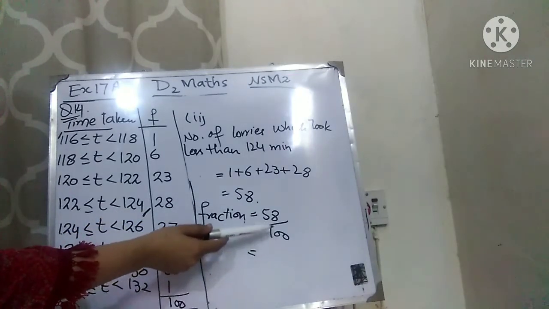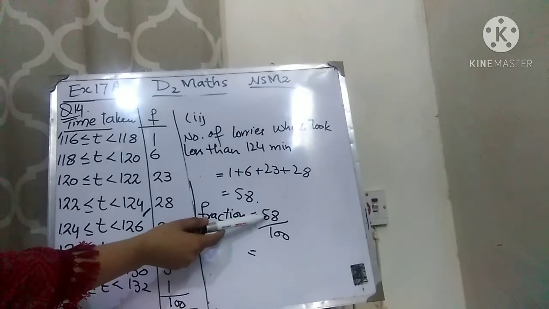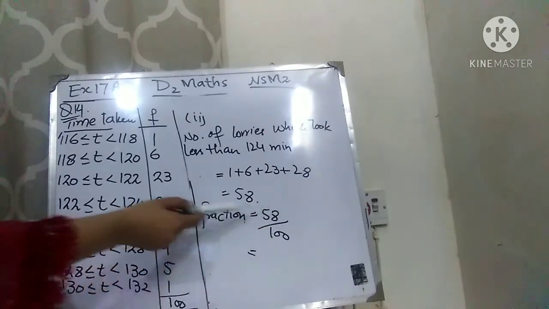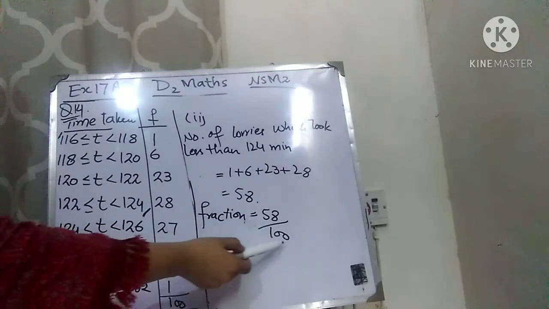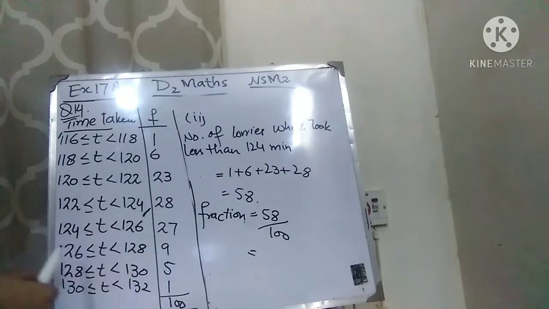In the numerator you write the required number, and in the denominator the total number. So 58 over 100, which is 0.58. So this is the fraction.